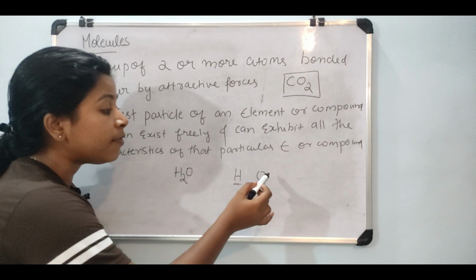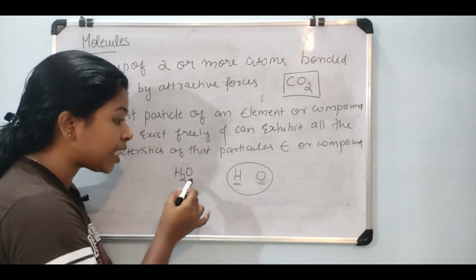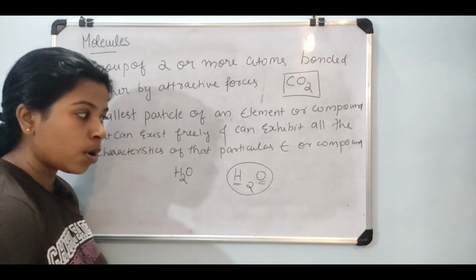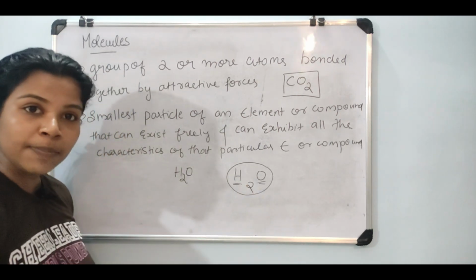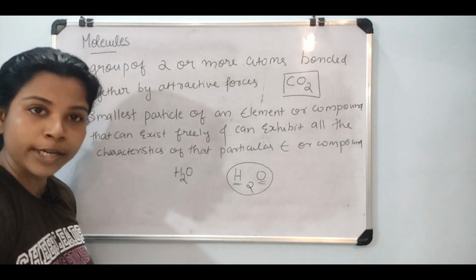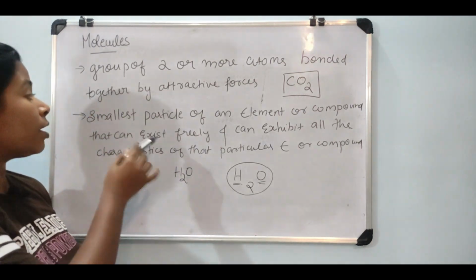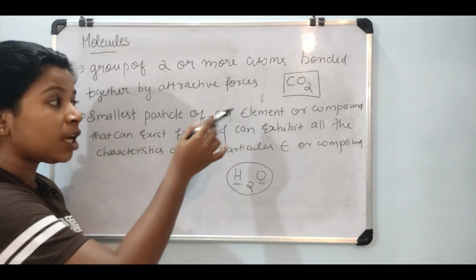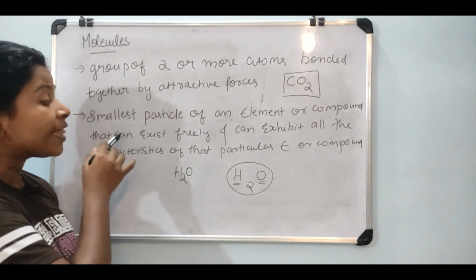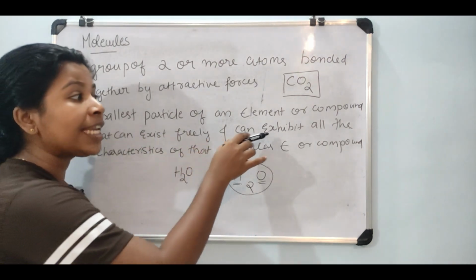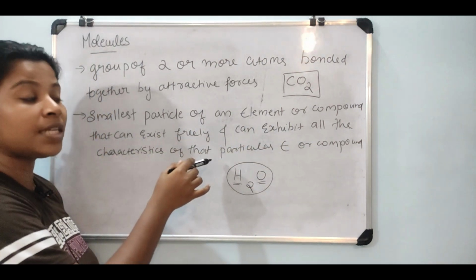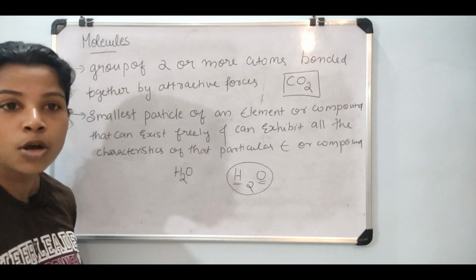No. But when they combine together in the ratio H2O, this will exhibit the properties of water. That is why it is told as the smallest particle of an element or compound that can exist freely and can exhibit all the characteristics of that particular element or compound.